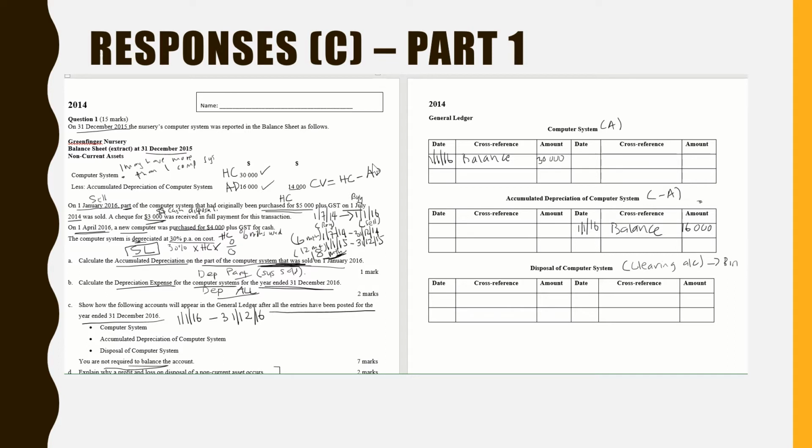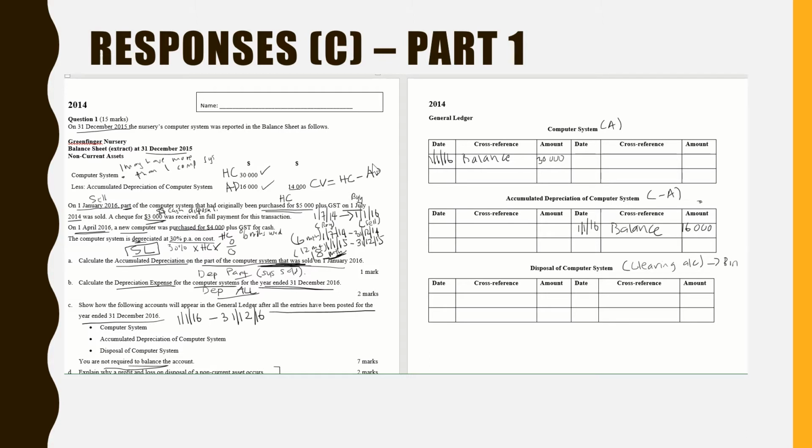Now, the next thing that we need to do, because this relates to a disposal, and of course a couple of other transactions there, but let us deal with the disposal first. We're going to have to put the disposal entries through. So thinking back about the steps that we follow through, we ask ourselves, is there any additional depreciation to calculate up to the date of disposal?